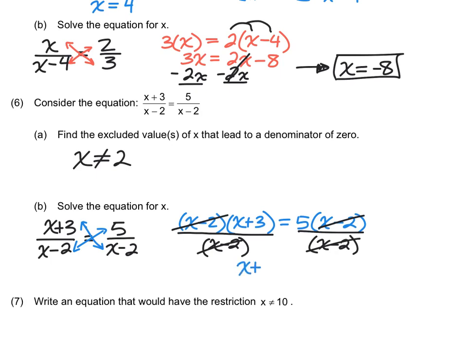So we get x plus 3 equals 5. Subtract the 3. Exactly. You would say x equals 2, which means no solution. So therefore, no solution.